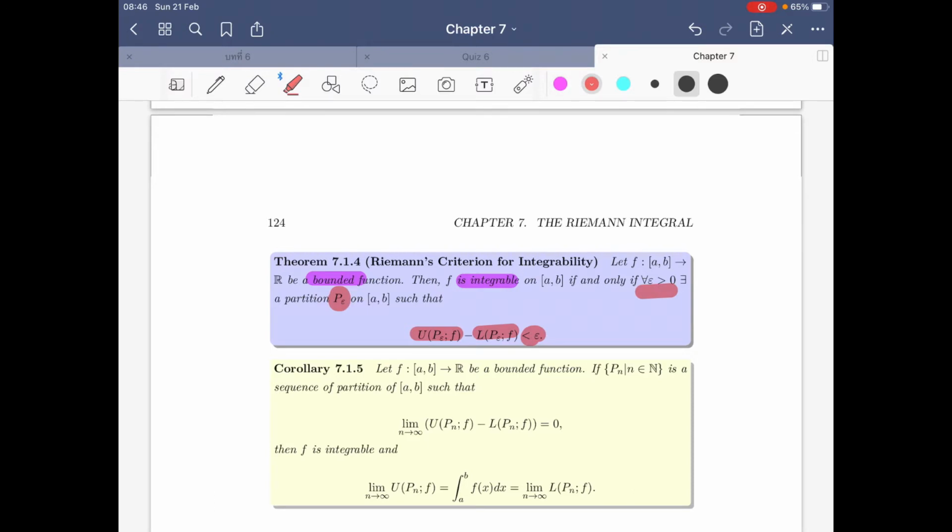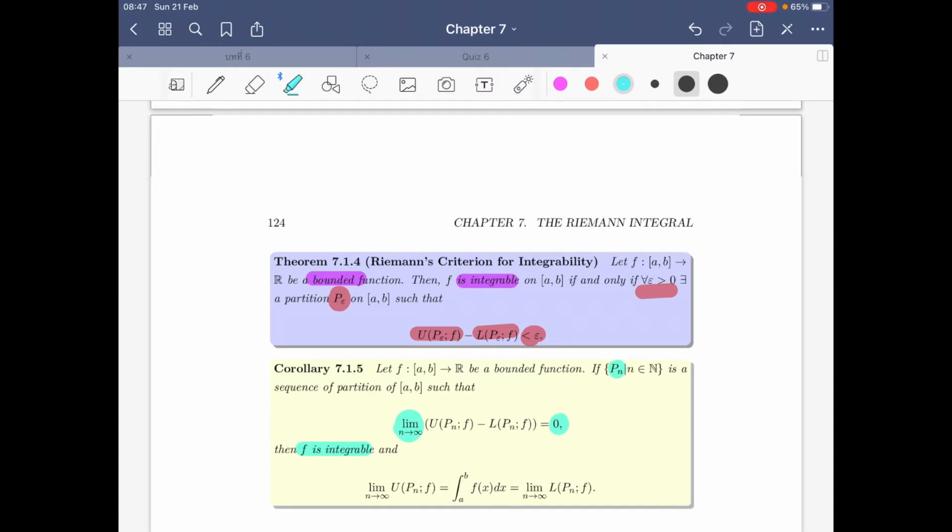And actually, from this one you can interpret in other words that if you can find a partition which depends on the positive integer n, such that the limit of the difference of the upper sum and the lower sum of the same partition goes to 0, then f is integrable as well.